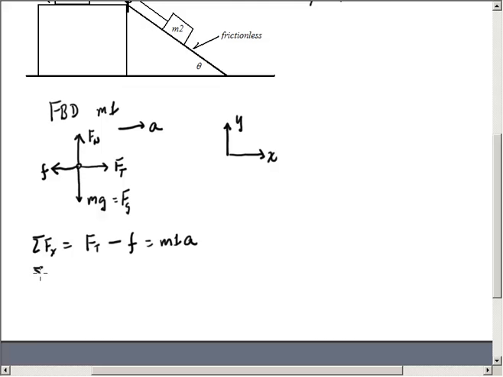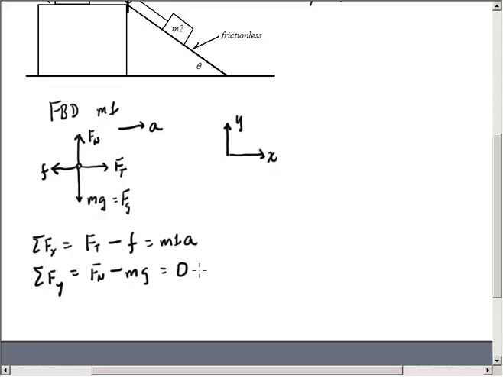For the y direction, we have the sum of the y forces equal to the normal force minus mg, and since it's not moving in the vertical direction at all, that of course is 0.